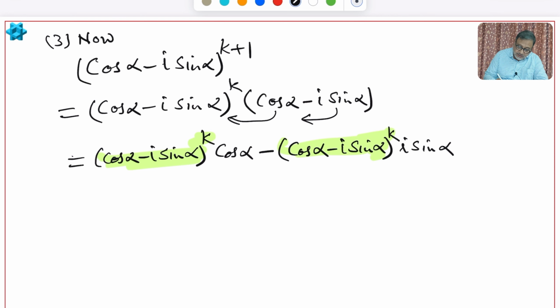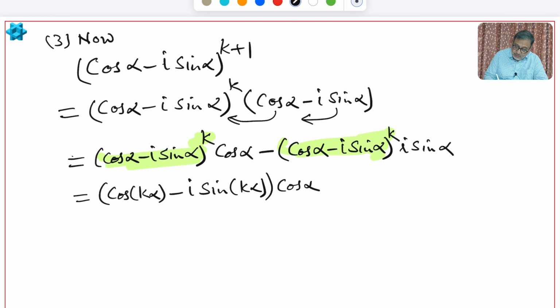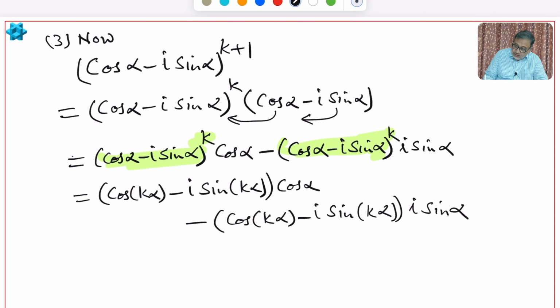We know the value of this, so it will be cos of k alpha minus I sin of k alpha, into cos alpha minus cos of k alpha, here also the same thing, I sin of k alpha into I sin alpha. In step 2 we have proved this, so by step 2 we can write like that, okay? So I hope you understood this. Now we will open the bracket and simplify.